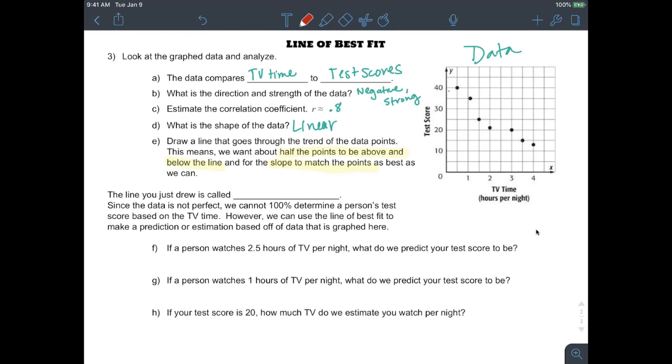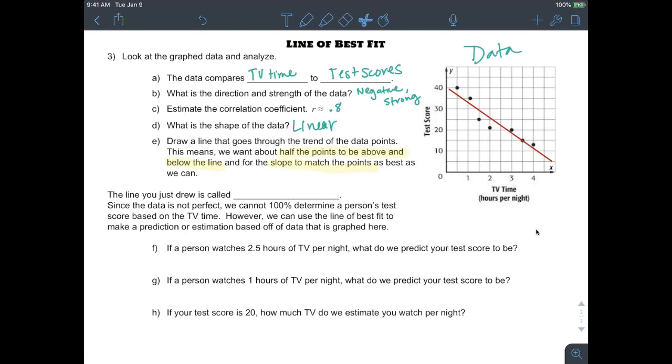So I think I'm going to go in about right there. Maybe, yeah. Kind of like that. Some of the points are going to be a little high and some are going to be a little low. I'm going to move this a little bit so that they're like that. Okay, something that's pretty close.